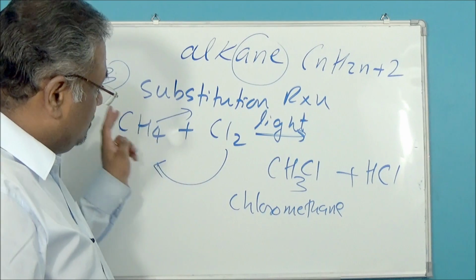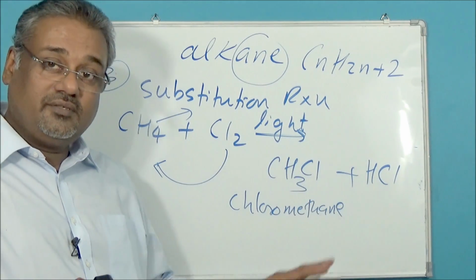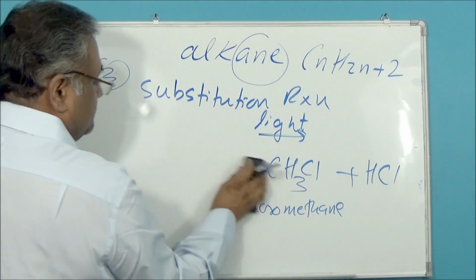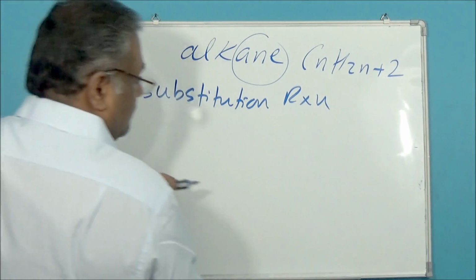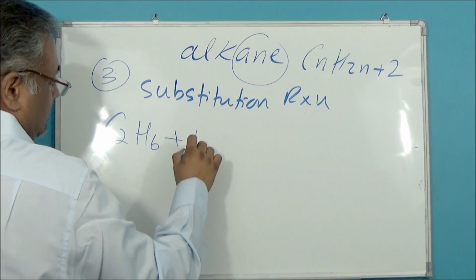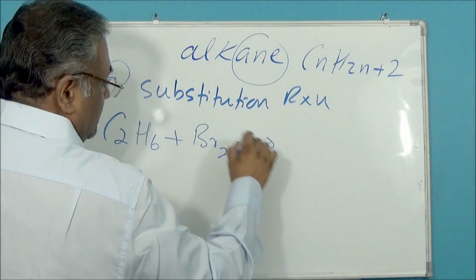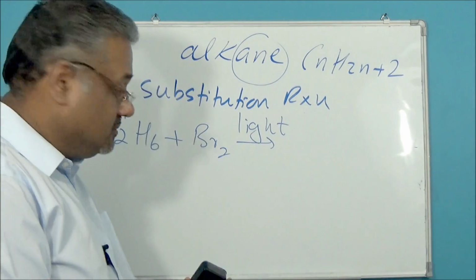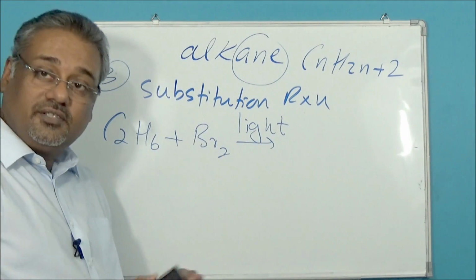In your AS classes, you will study the complete mechanism of how this reaction actually happens. So, as a matter of practice, why don't you try this reaction: C2H6 with bromine, exactly the same way. Why don't you pause the video for a minute, try to complete the equation and then check back with my video.